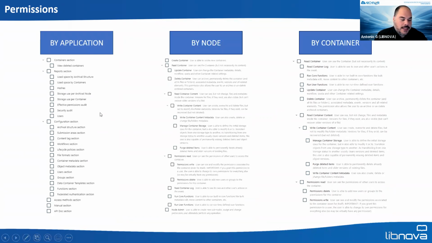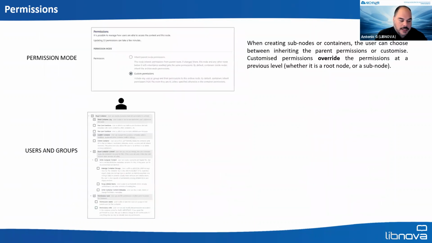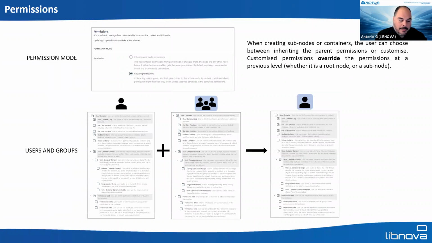The first one is that you have permissions that are defined per application. You have permissions that are defined per node, archival node, and permissions that are defined per container. The result of those is that they combine.